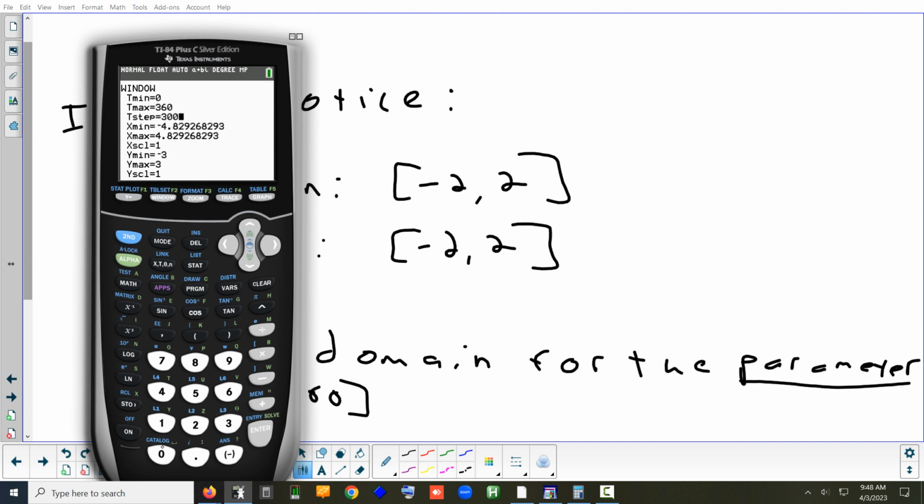Let's stop at 300. If you stop at 300, you're not going to get a full picture. Generally, when sines and cosines are involved, you want to go 0 to 360.